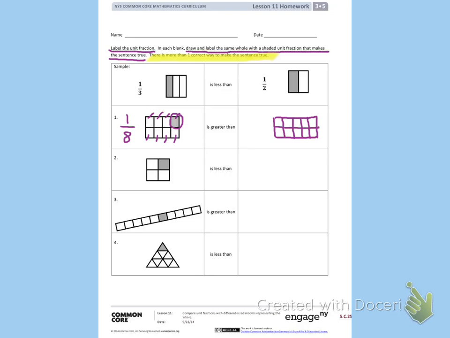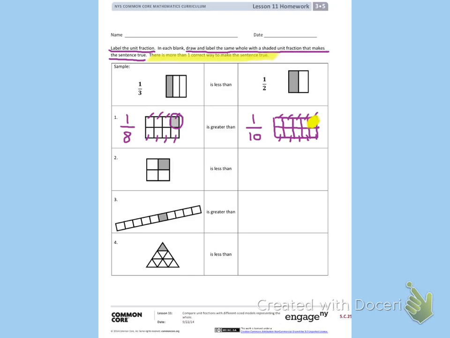Now I have 10 pieces, but I better double check my work. 1, 2, 3, 4, 5, 6, 7, 8, 9, 10. There are 10 pieces in all. I'll go ahead and shade in one just like they did in the first column. Now I have 1 out of the 10 shaded. As you can see from the illustration, the piece in the rectangle that is worth 1/8 is slightly larger than the piece that is only worth 1/10.